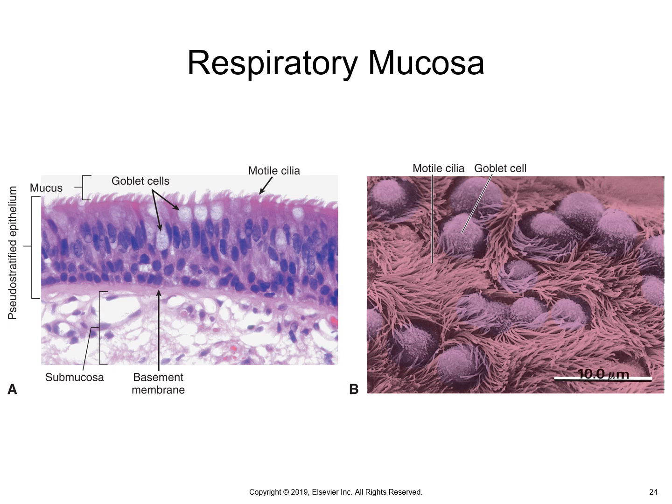The goblet cells, of course, they're mucus-producing cells. They're those round, dark structures that we see there among the cilia. They secrete mucus as well, which traps the particles that enter our airway before they can reach our lungs.